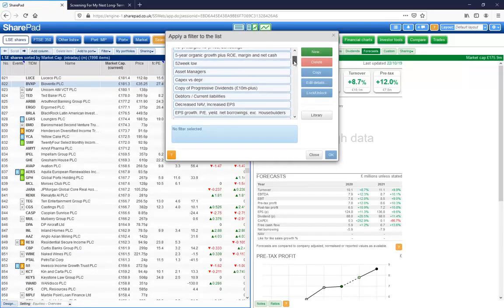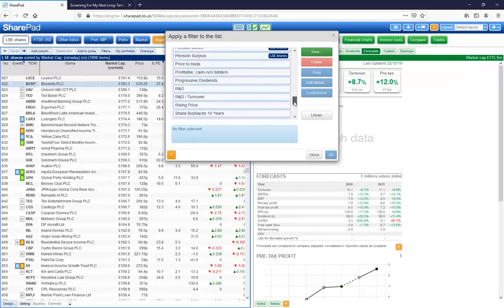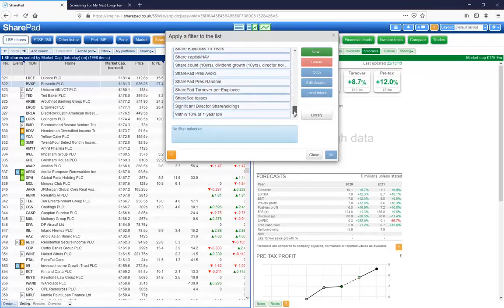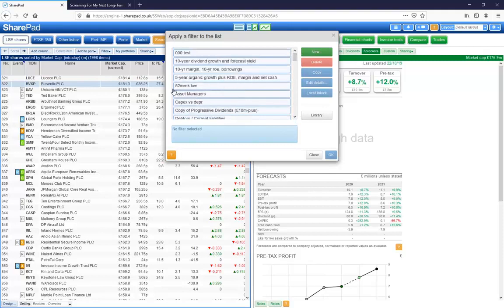Also, I try different things such as sales. I've got a turnover per employee revenue filter here as well. So it's just a matter of experimenting with different filters and getting different names on your shortlist.